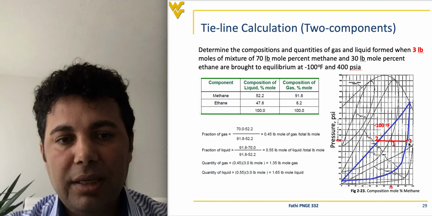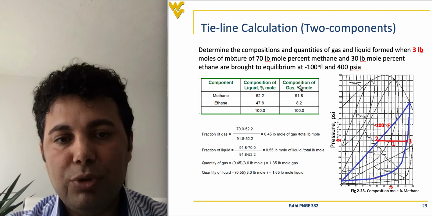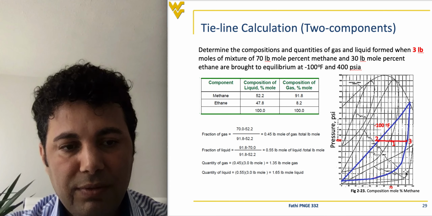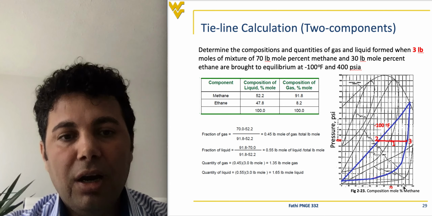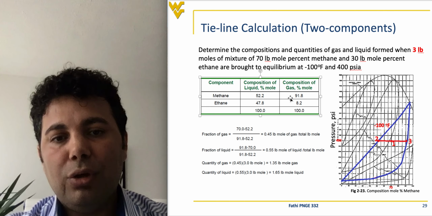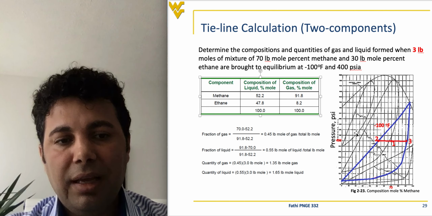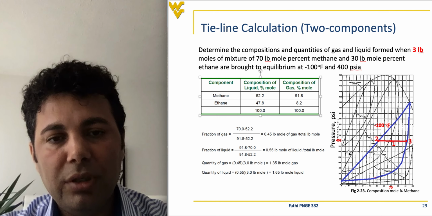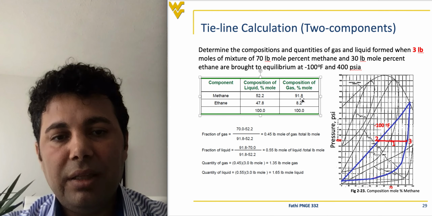Point 3 is my saturated gas. So for the composition of the gas at point 3, I have 91.8% of methane that I can read from the x-axis. 100 minus that is 8.2, which is the amount of ethane. So if I get the amount of methane at the liquid and at the saturated gas point, 100 minus liquid and 100 minus gas is the amount of ethane.